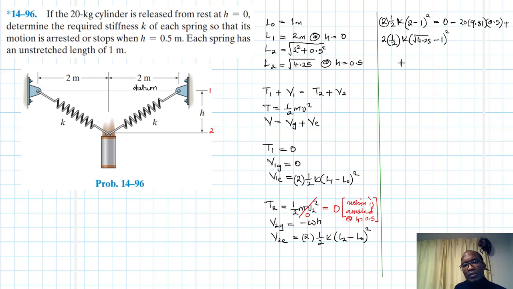So now, making K the subject of the formula, what do we have? We need to move one to the other side.